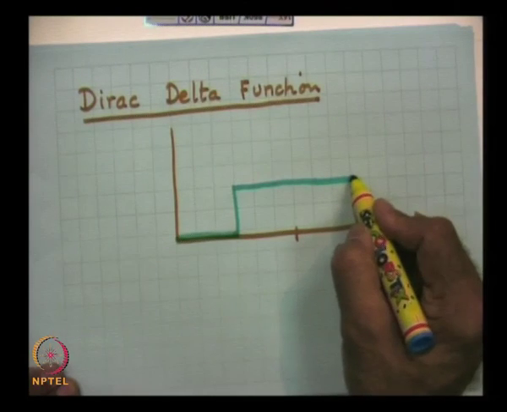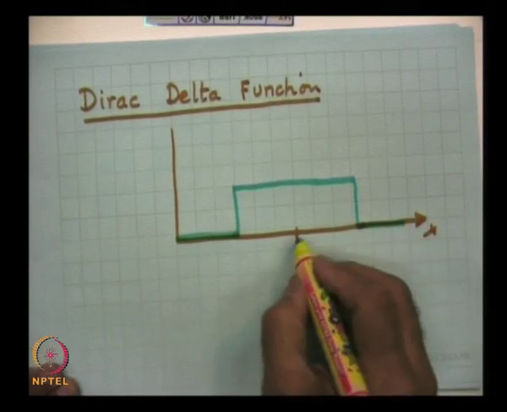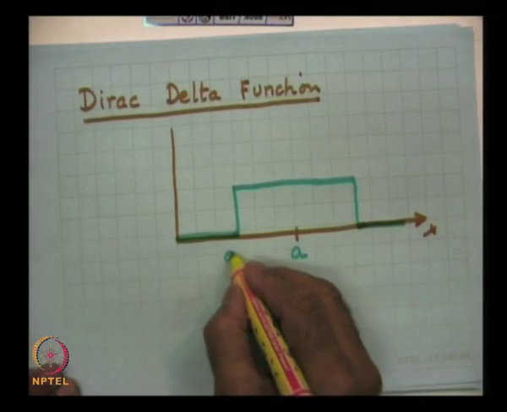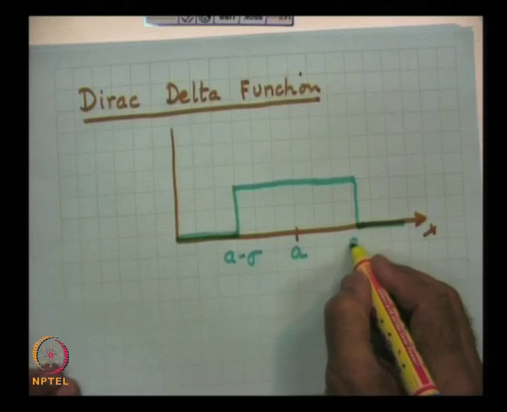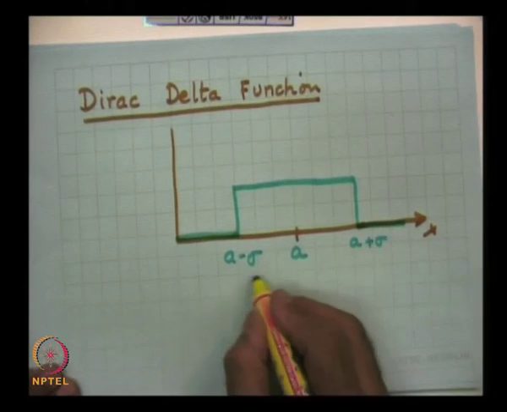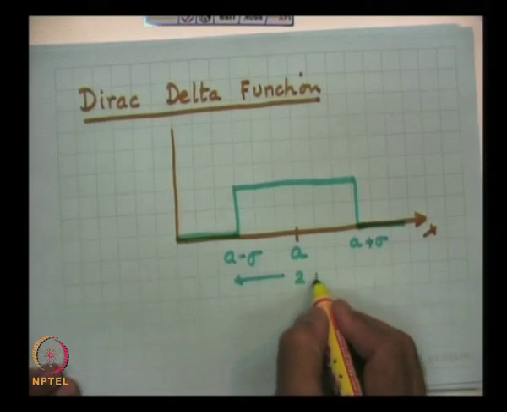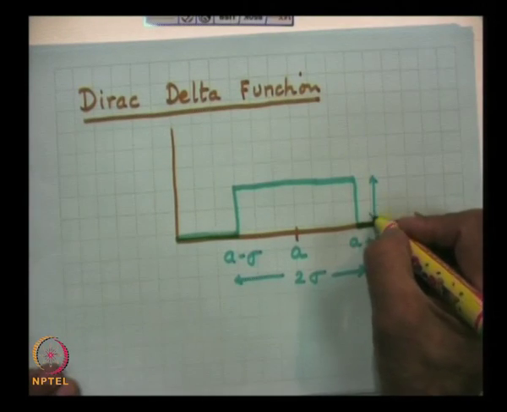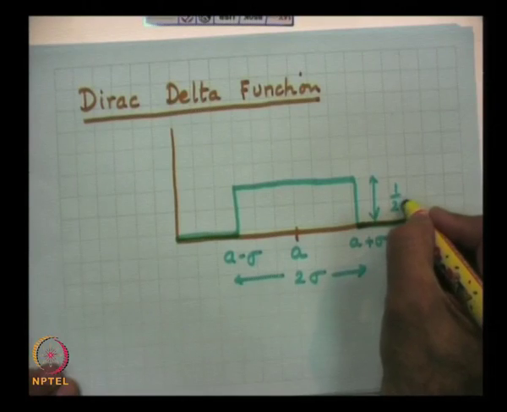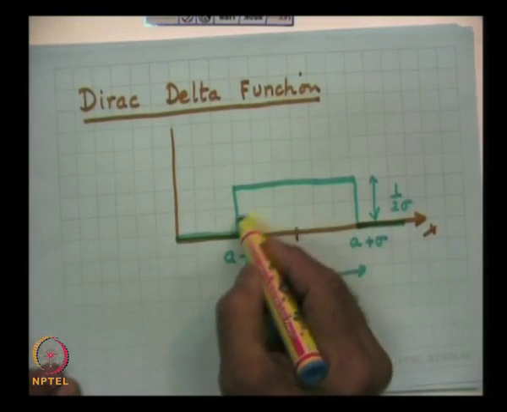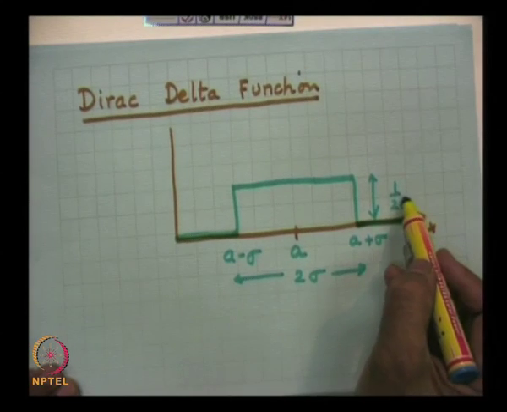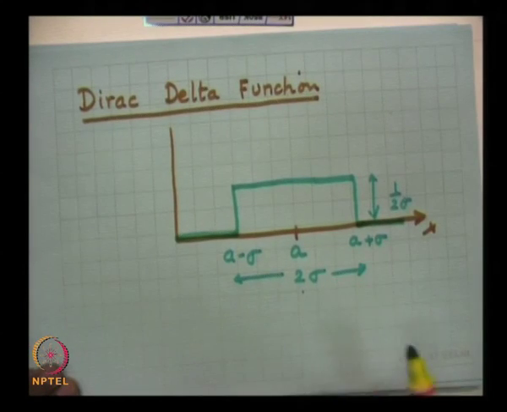So, this is the point A, this is the point A minus sigma, and this is the point A plus sigma. So, that this line is 2 sigma, and I assume that the height of this function is 1 over 2 sigma. So, that the area under this rectangle is 1 over 2 sigma multiplied by 2 sigma. So, the area is 1 independent of sigma.